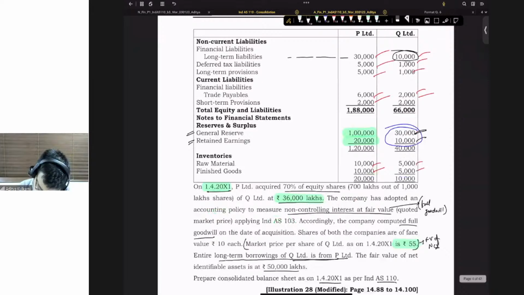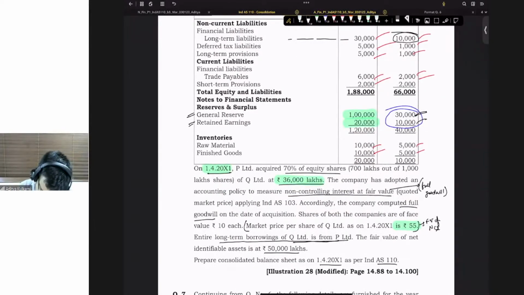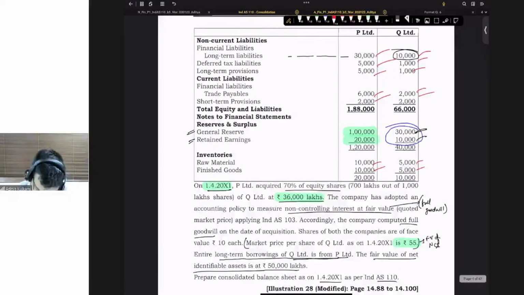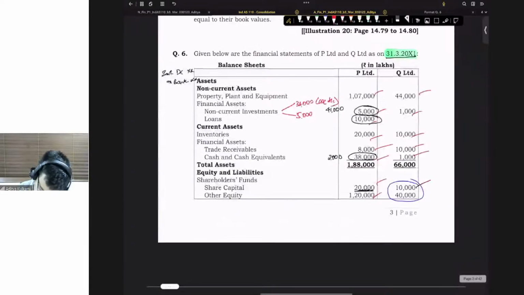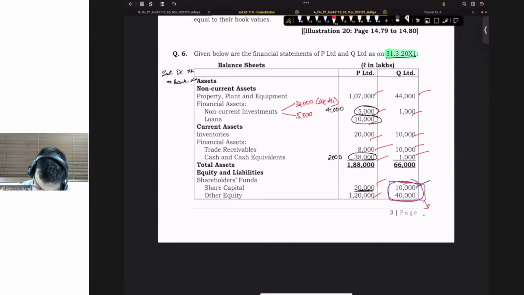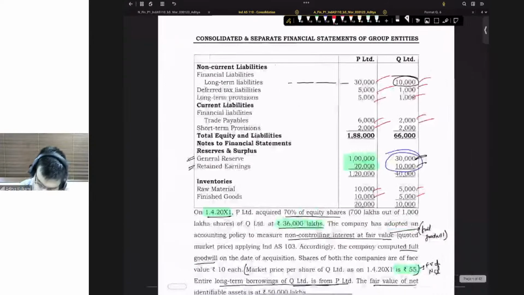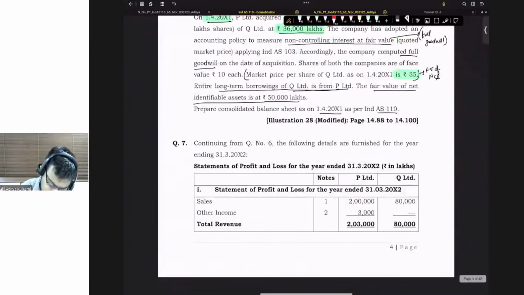See, this 50,000 is the value of net identifiable assets, which is nothing but 10,000 plus 40,000. This 50,000 is net worth. Net worth is another name for net assets. And this 50,000 is exactly what is given here to be the value of net assets.